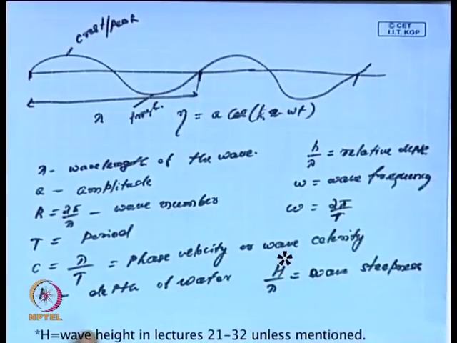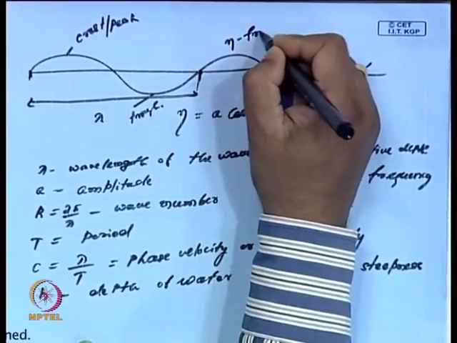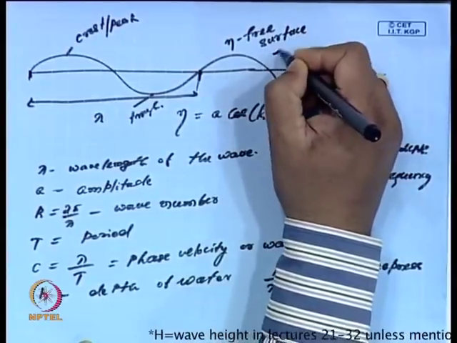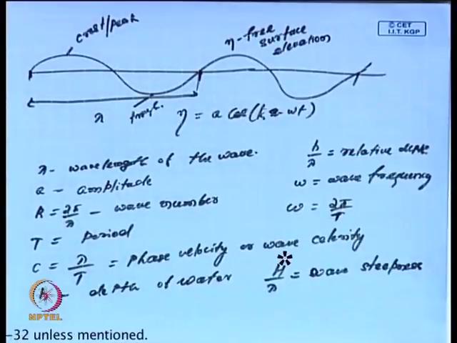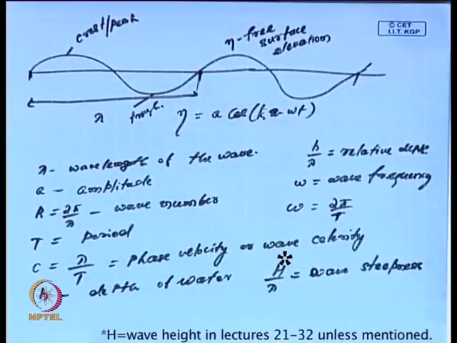So these are some of the parameters. Eta is the surface elevation, and this is one of the very simple sinusoidal cosine waves.